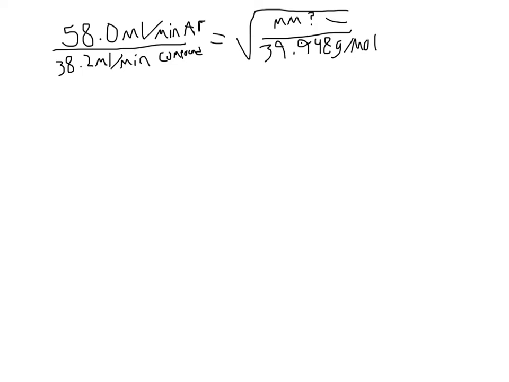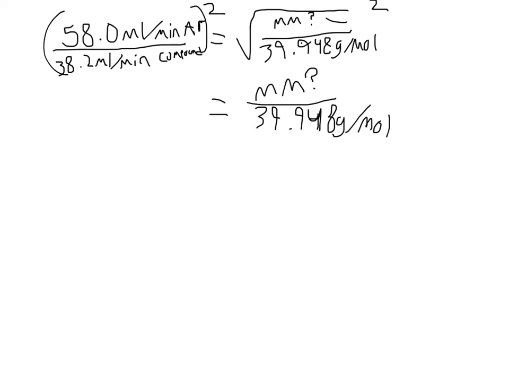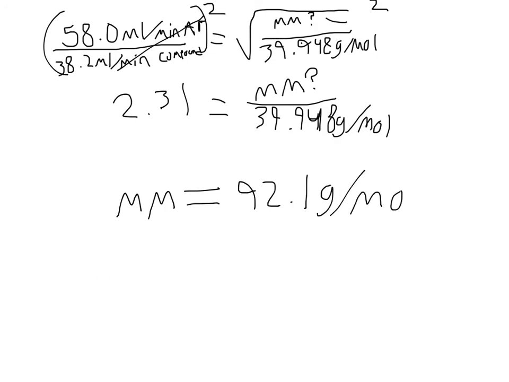I'm going to square both sides to get rid of the radical. Over here, I divide and square and get 2.31. There are no units because the units cancel. Now I multiply both sides by the molar mass of argon, which gives me the molecular mass of my unknown compound, 92.1 grams per mole.